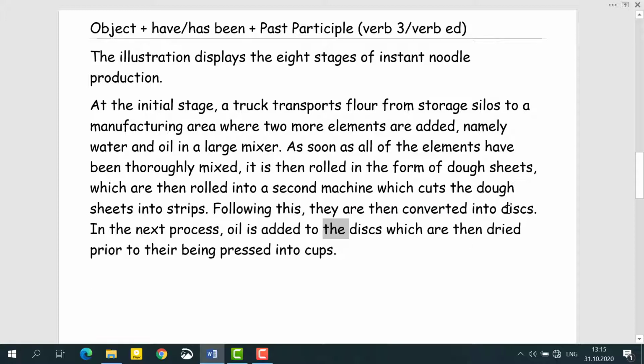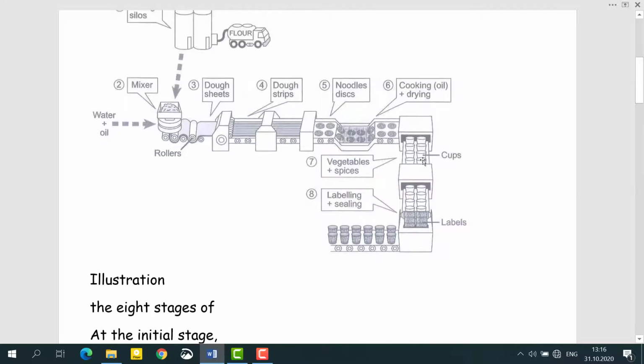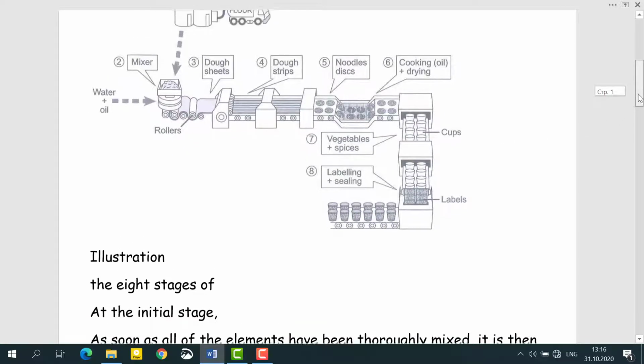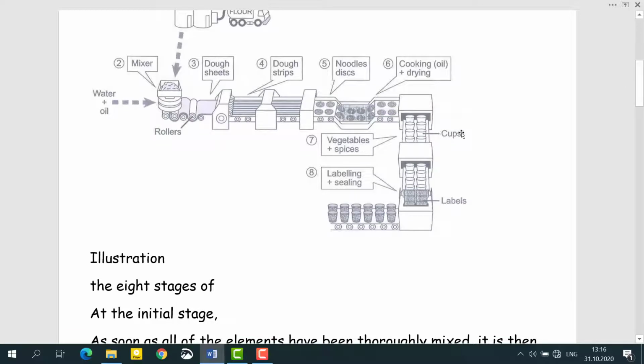Because we have mentioned discs once, we're talking about the discs one more time, and therefore it's important to use the here, which are then dried prior to, which basically means before they are being pressed, which means before they are pressed into cups. Look at this carefully. We have cups, okay, and that's what we have just described. Now let's just look at the next step.